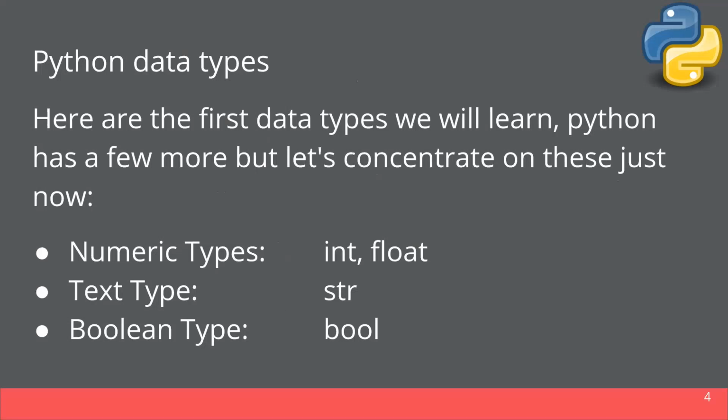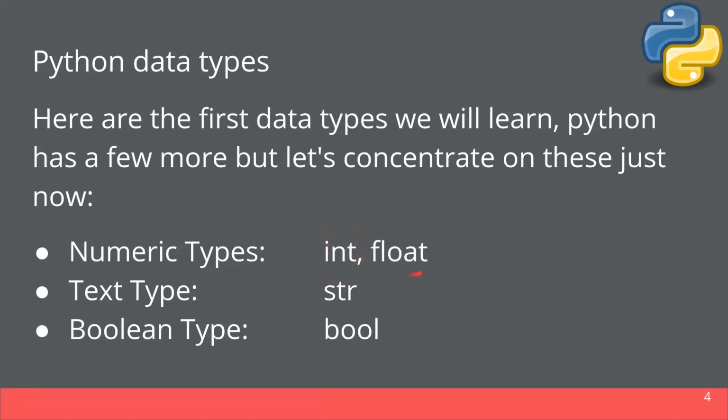So Python data types, the first ones that we need to know are quite simple. They are numeric types. So we have an integer, the int type, and that's just a number.